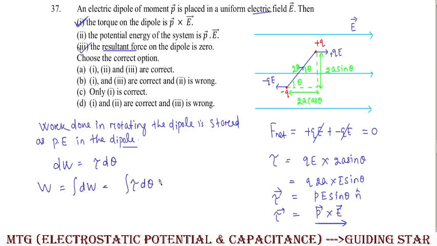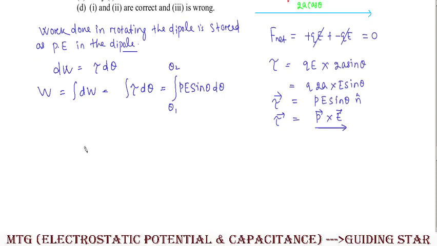Here tau, what we got right now, is nothing but pE sin theta, magnitude wise, and d theta. Now what will be the limits? The limits will be from theta 1 to theta 2, from any particular angle theta 1 to another angle theta 2. Then work done will be equal to p. The dipole moment is constant and the electric field is uniform, also constant, so we can take them outside.